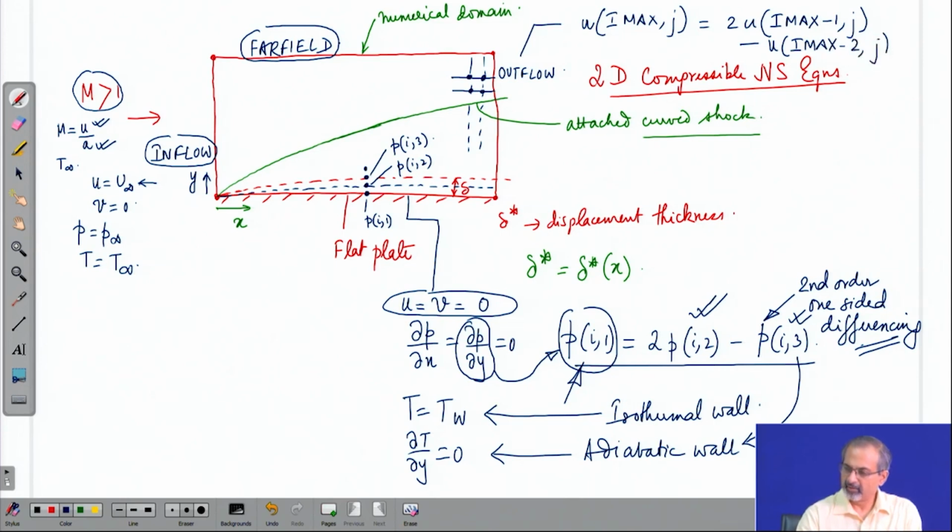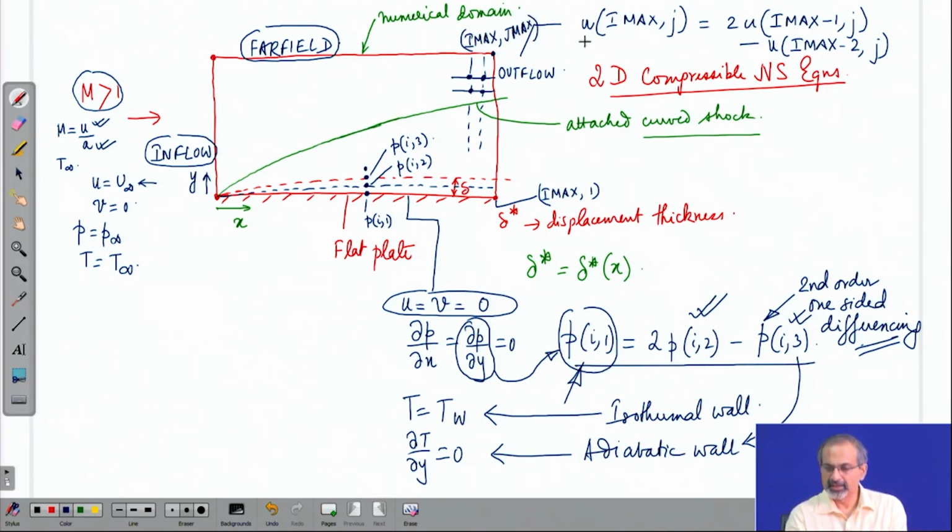Where I max is the maximum value of the I index that you have used. This corner point, for example, would have an index of I max, J max.